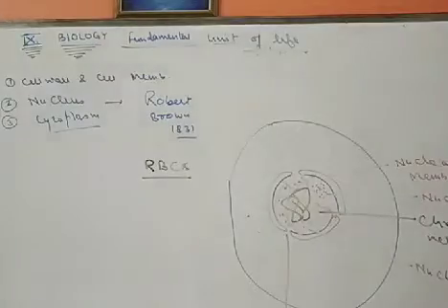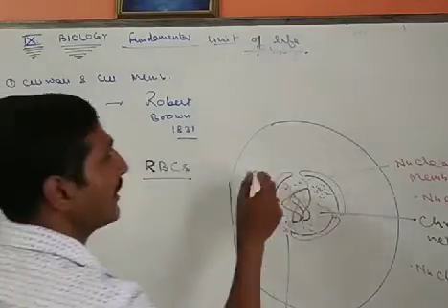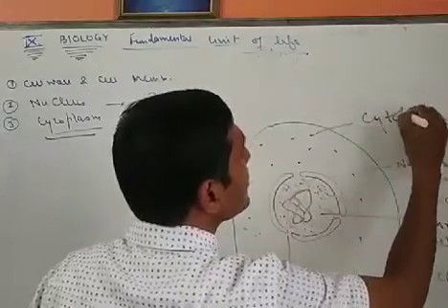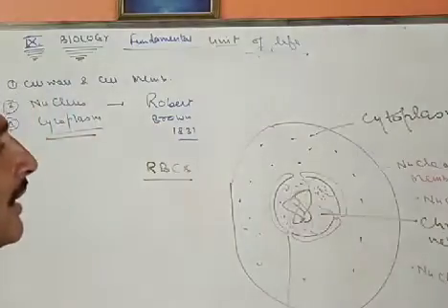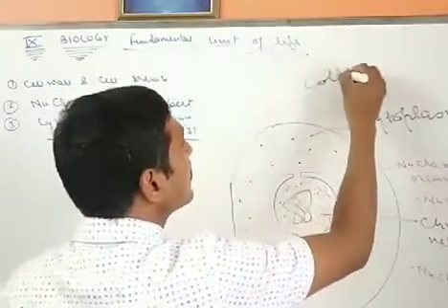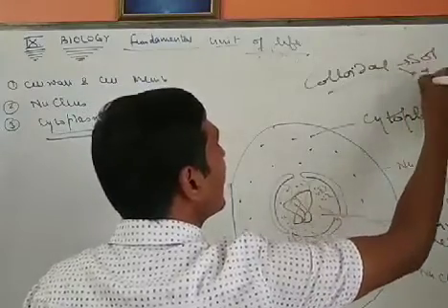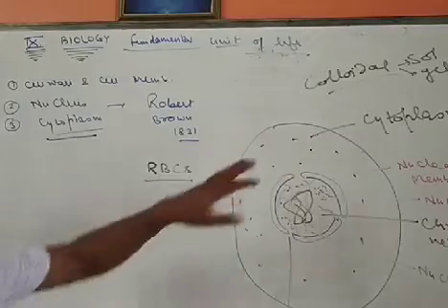A well-defined nucleus is absent in the prokaryotic cell. Then we come to the third part of the cell, that is called the cytoplasm. The liquid component of the cell is called cytoplasm. It is generally semi-solid, or a colloidal substance which has two forms, sol and gel form. That is why it is called a colloidal substance, which occupies the complete remaining part of the cell.